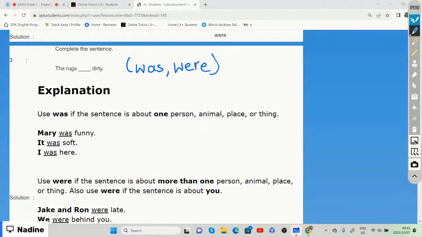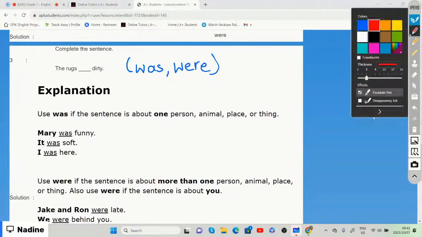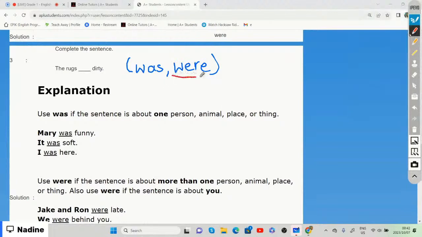So the rugs refer to more than one rug, right? And if we choose the correct one, then we can say they were dirty. Because if we make mention of more than one person, animal, place, or thing, and then we say were, and were is correct. So well done.